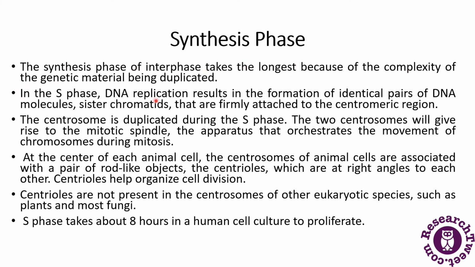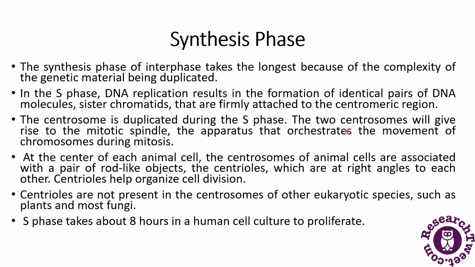In S phase particularly, DNA replication results in the formation of identical pairs of DNA molecules, the sister chromatids, that are firmly attached at the centromeric regions. So the centromere is duplicated during the S phase, and the two centromeres will give rise to the mitotic spindle.